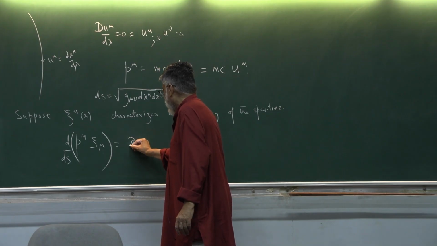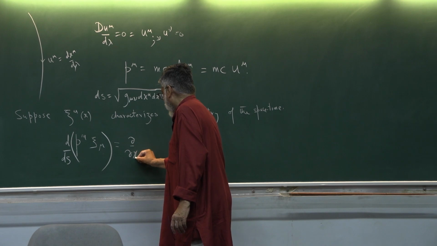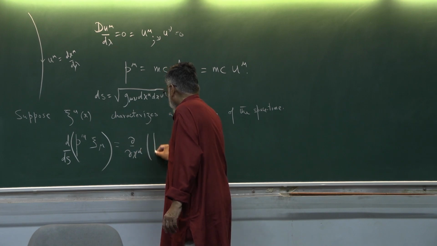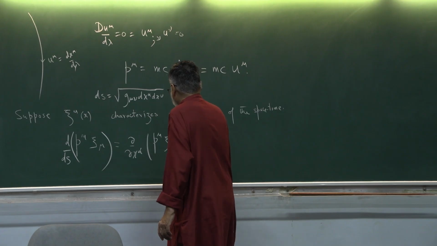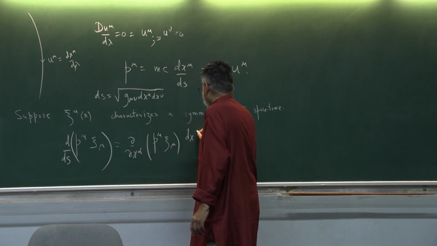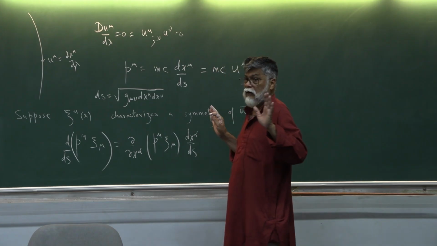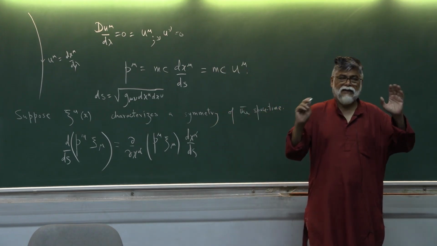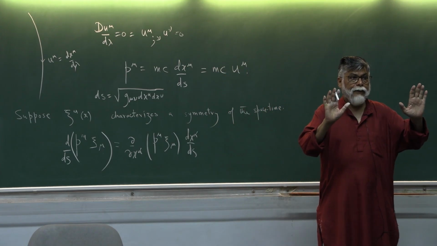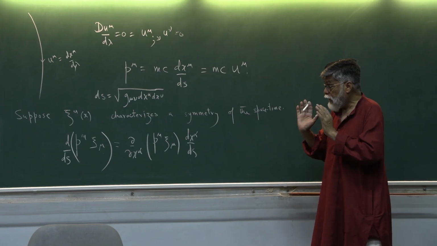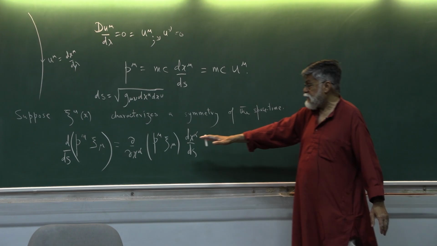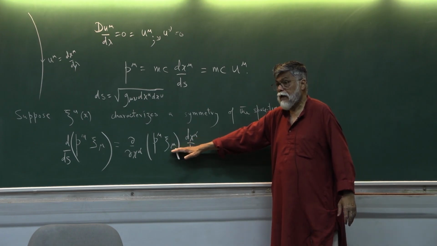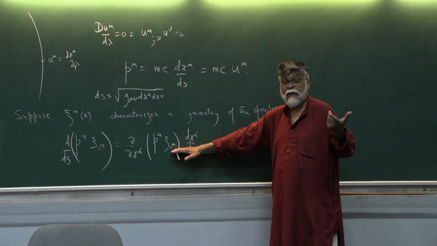It is ∂/∂x^α of (p_μ ξ^μ) times dx^α/ds. Pure chain rule, just mathematics. Agreed? However, we also know that p_μ ξ^μ is a scalar.